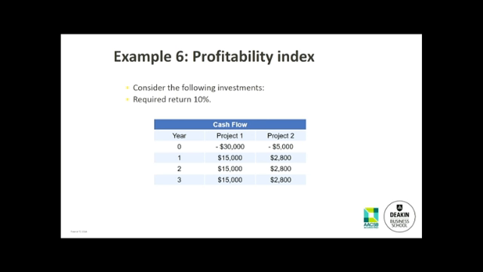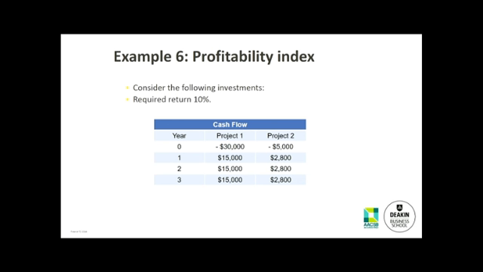Okay, let's do one example about NPV and profitability index, which is not hard. Consider the following investment. The required return is 10%. If the required return, the discount rate, is given, you are then able to discount each of the cash flows. For both projects, you have an initial investment and you have cash flows. Are you able to work out the present value of each of the cash flows?